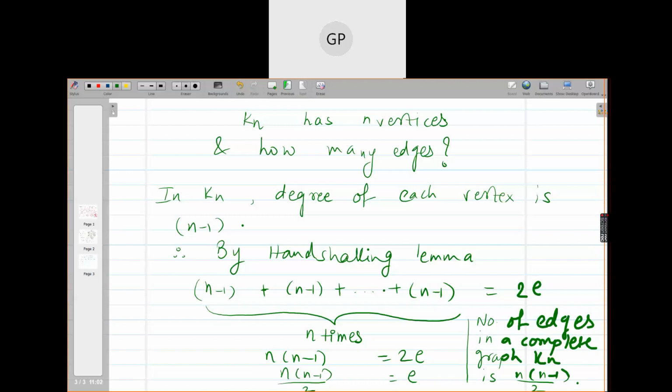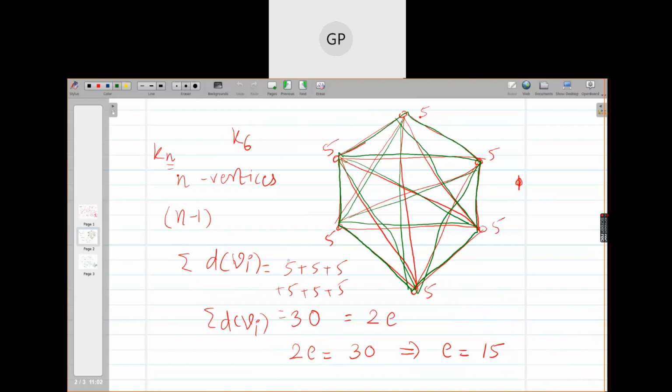See, we can verify this here. If you substitute n equal to 6, what is n into n minus 1 by 2? It is 6 into 5 by 2, that is 15. So we are getting 15 edges in K6, right?